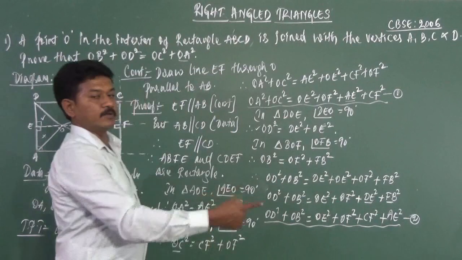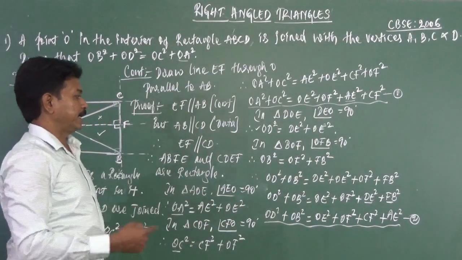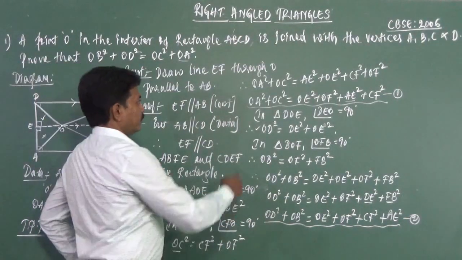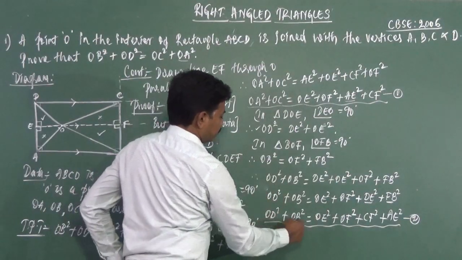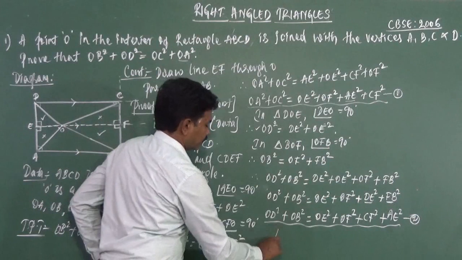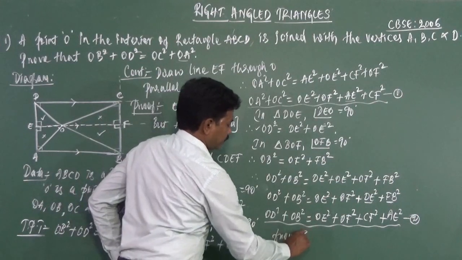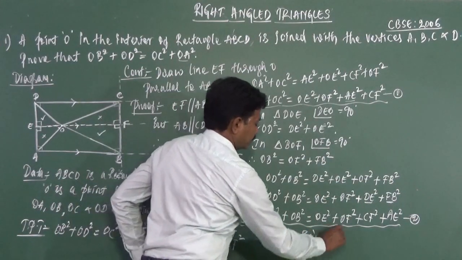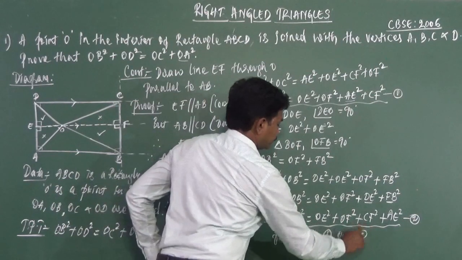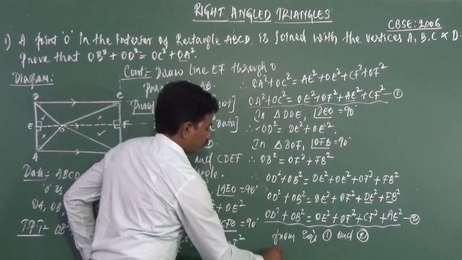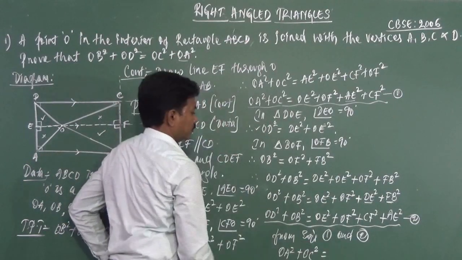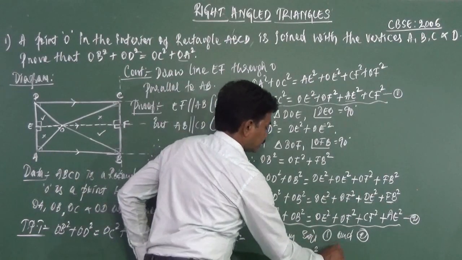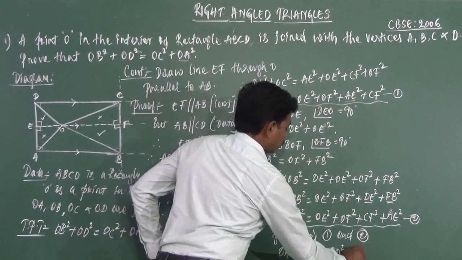If two things are equal to the same thing, according to the axiom, we can say that OA square plus OC square is equal to OD square plus OB square. So from equations 1 and 2, OA square plus OC square is equal to OD square plus OB square.